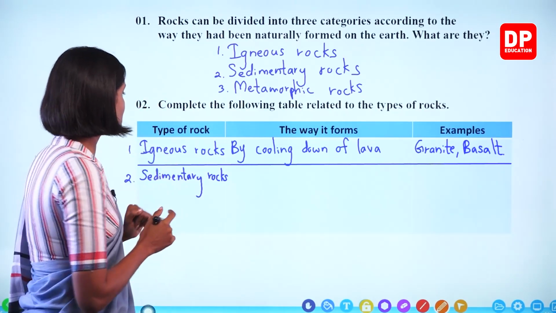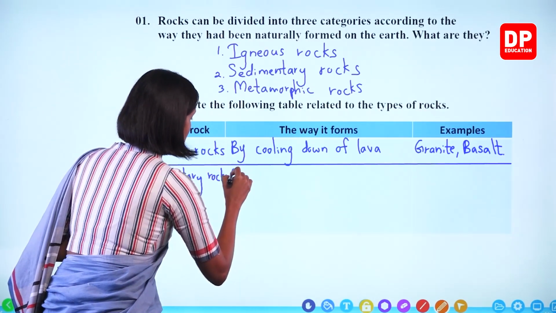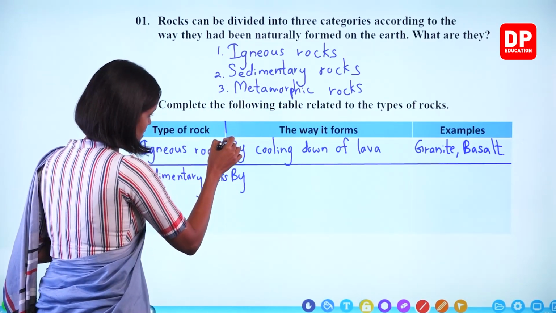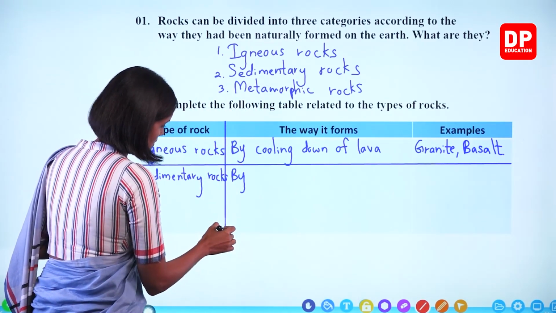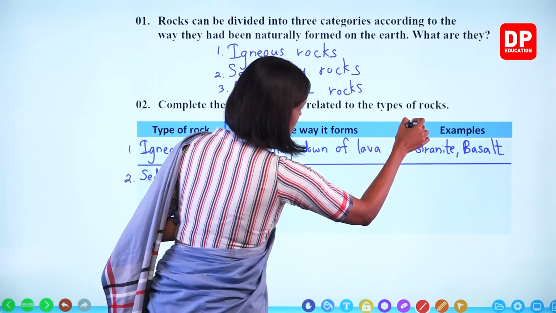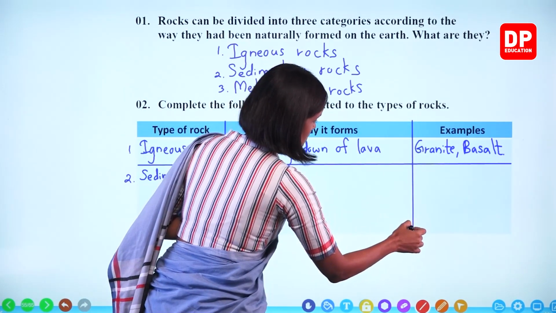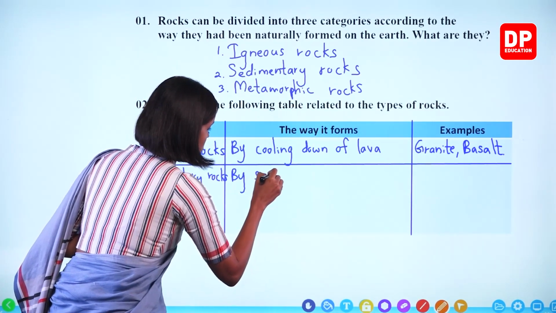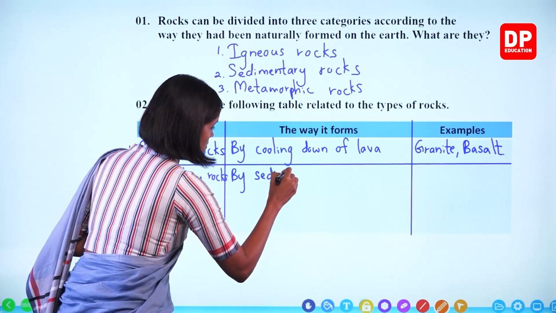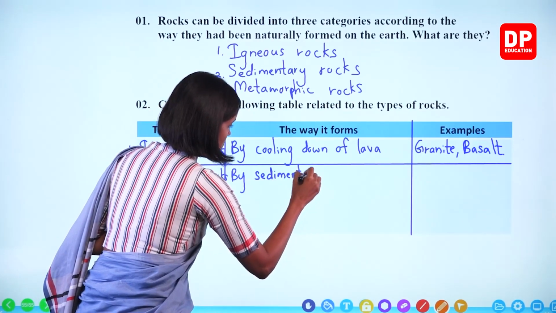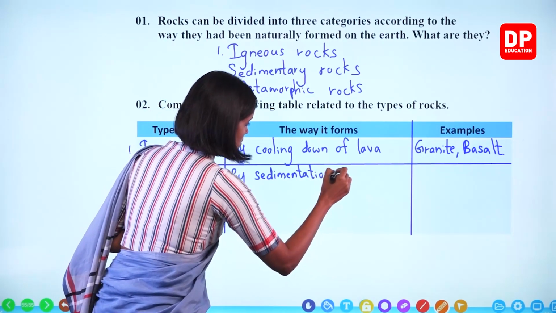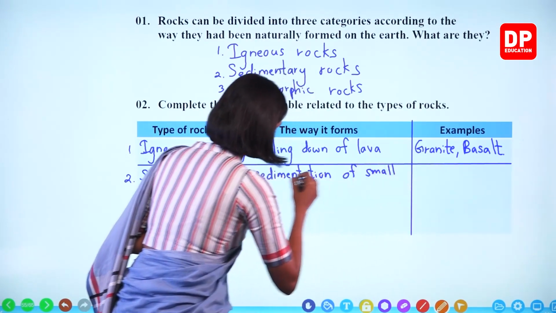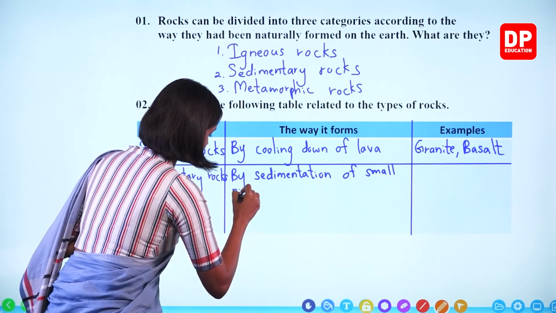Okay, we will write, by sedimentation of small pieces of rocks.